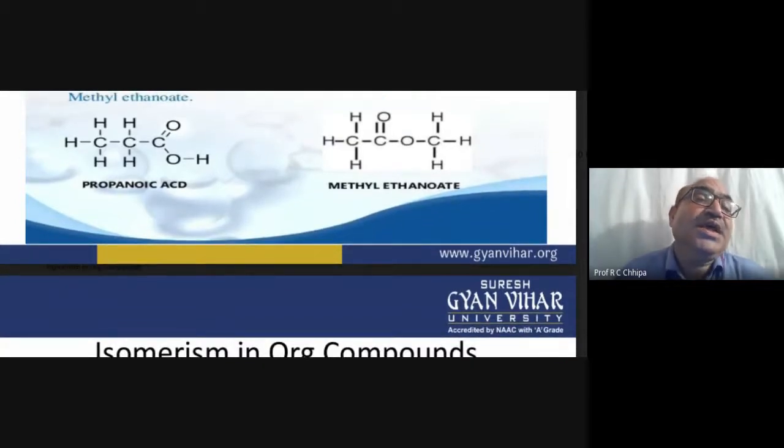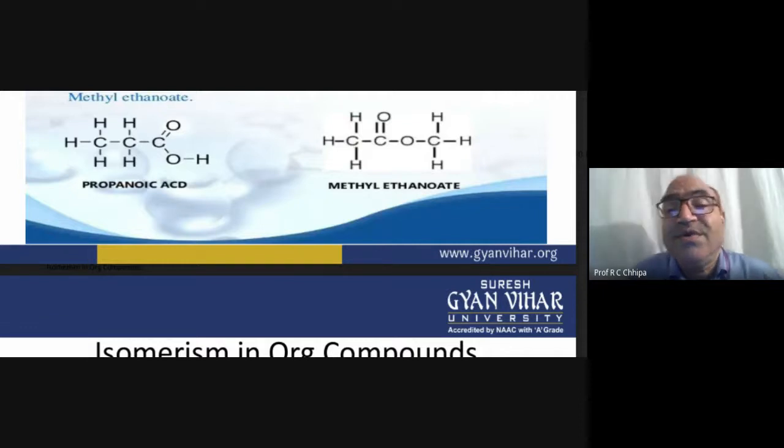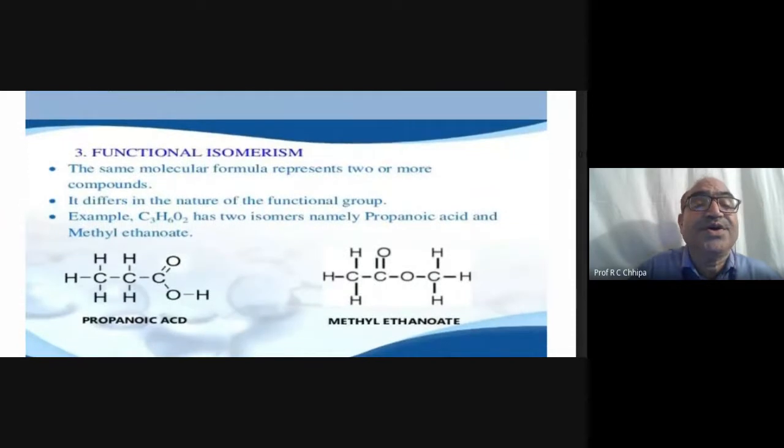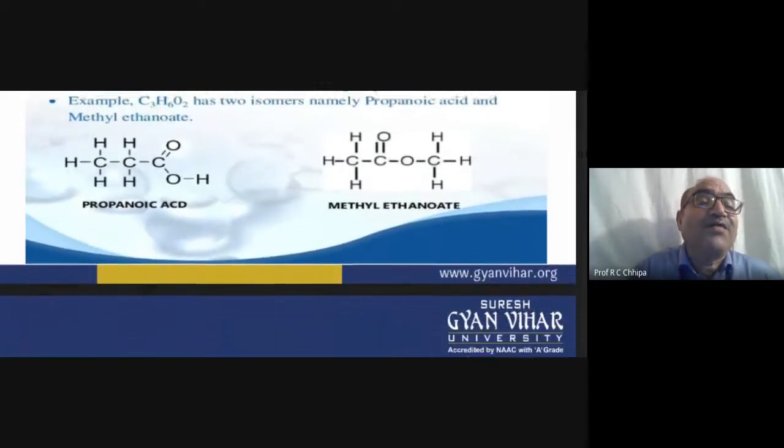Then methyl ethanoate: the carbon double bond oxygen is there, but one of the CH3 groups is shifted towards the other side. So in this particular case, one side is the methyl group, another is the acetyl group. So this becomes a new compound, and that is the functional isomerism. Here the double bond oxygen is shifted. So this is part of the functional isomers. Functional groups are changed.